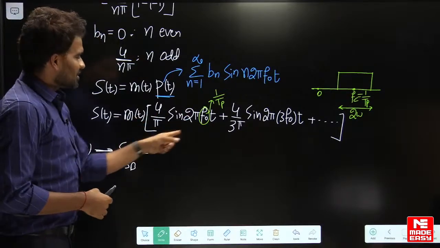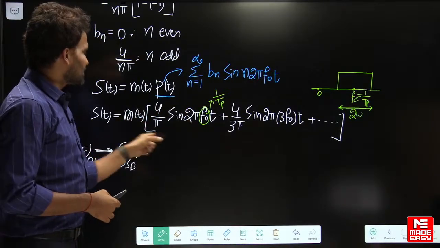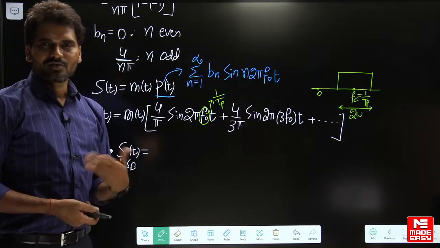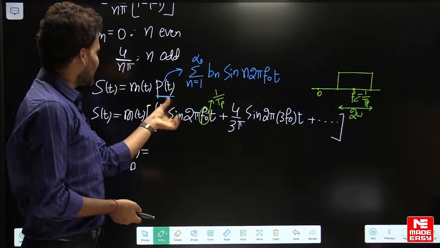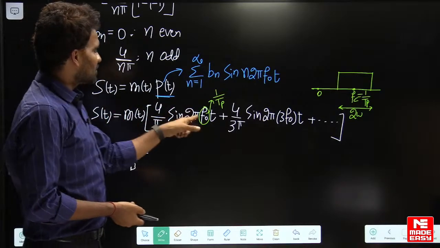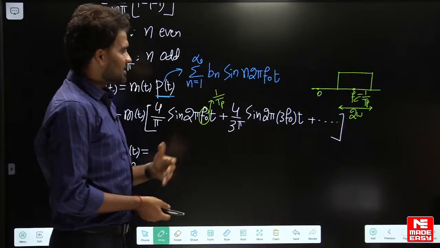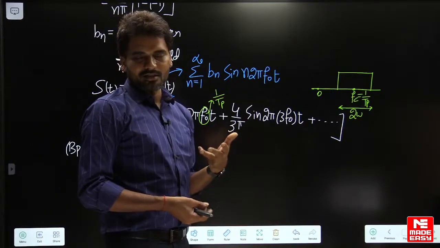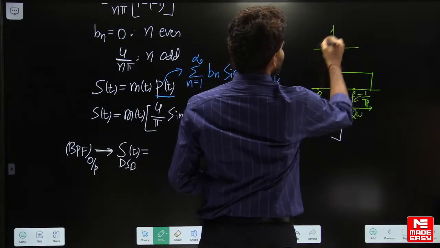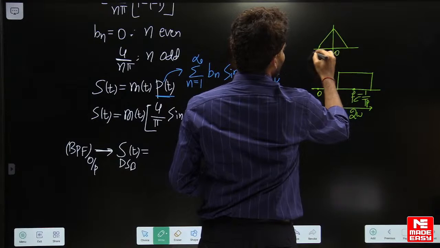So if you see the first term, which frequency is present in it? If you multiply m(t) with sine 2 pi f naught t, the message spectrum will be shifted to the right by f naught. The message bandwidth is omega, and the message spectrum M(f) is going to be like this.